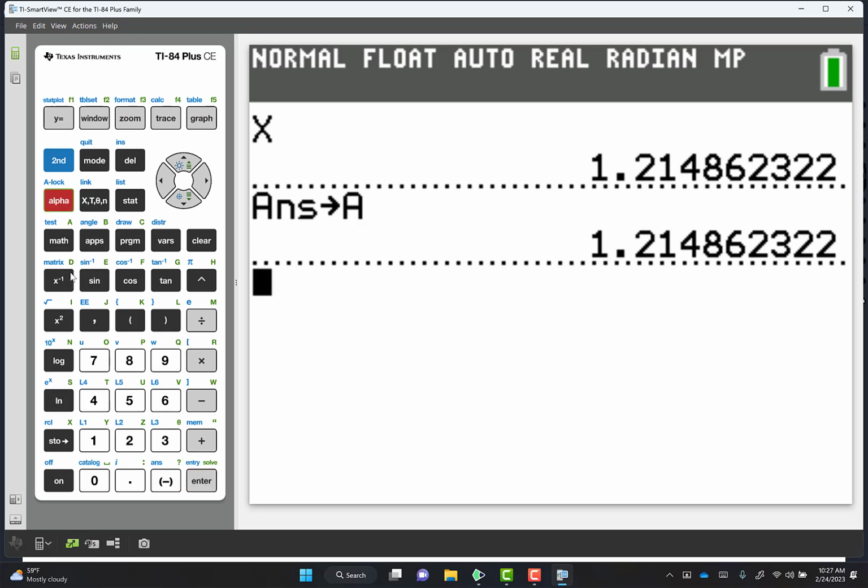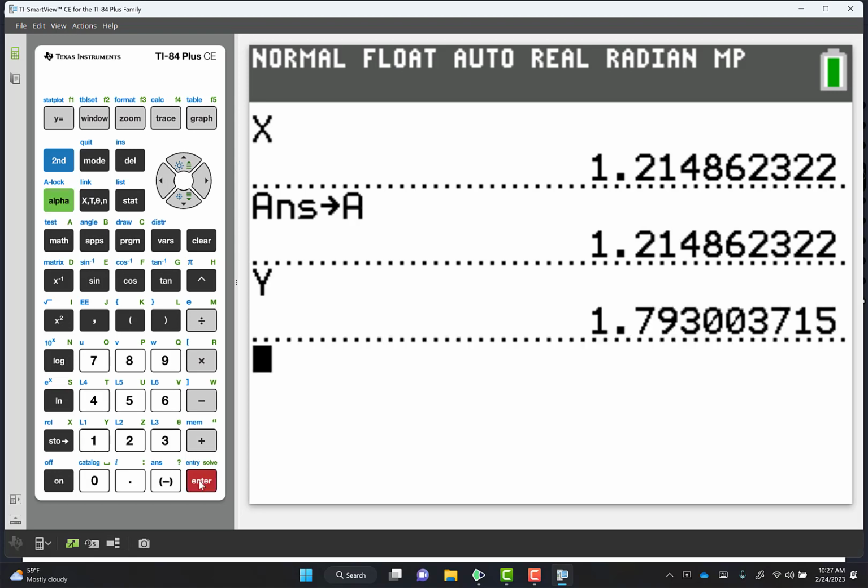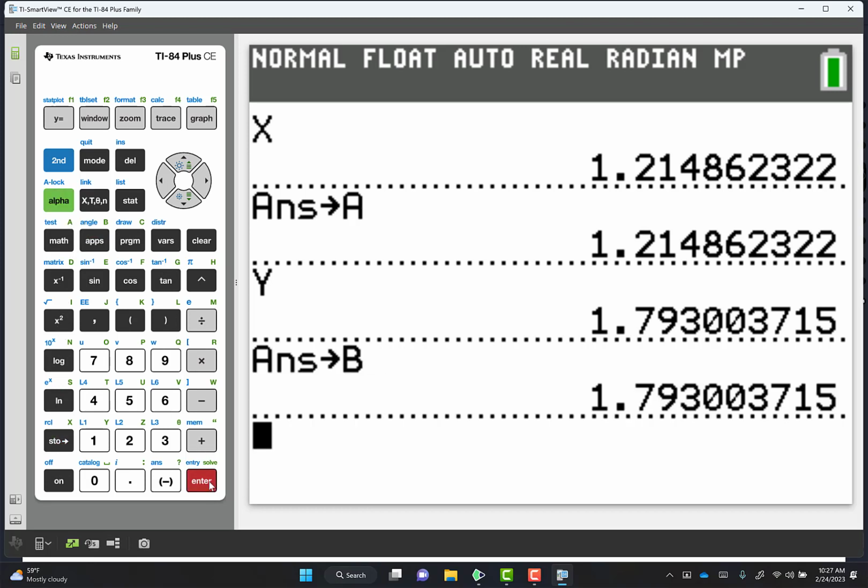Push alpha, Y, and push enter. Hopefully you didn't forget, but does that look like the Y-intercept that you had earlier? Store that. I go down the alphabet, so I'm going to store that into B. I'm going to need it. Are we okay? Did everyone do that?